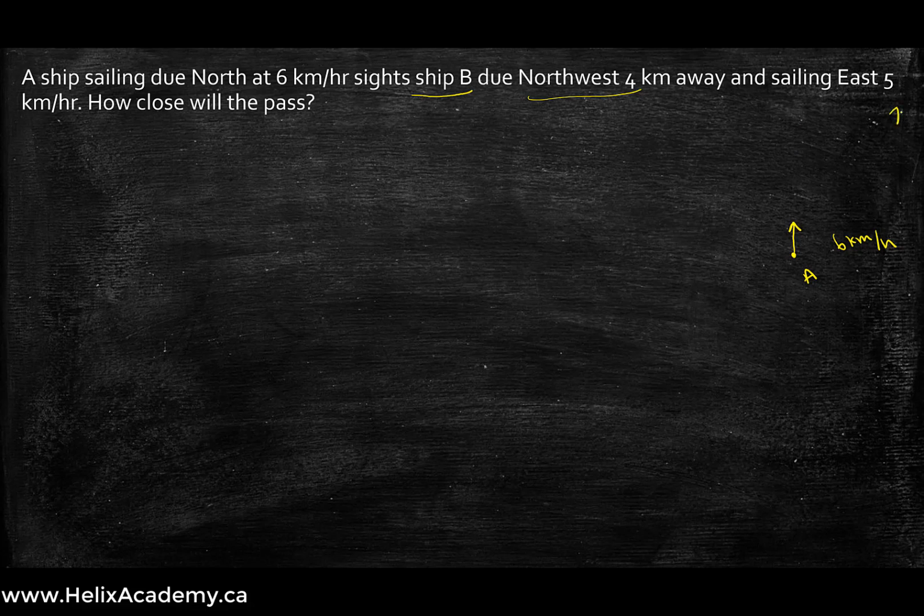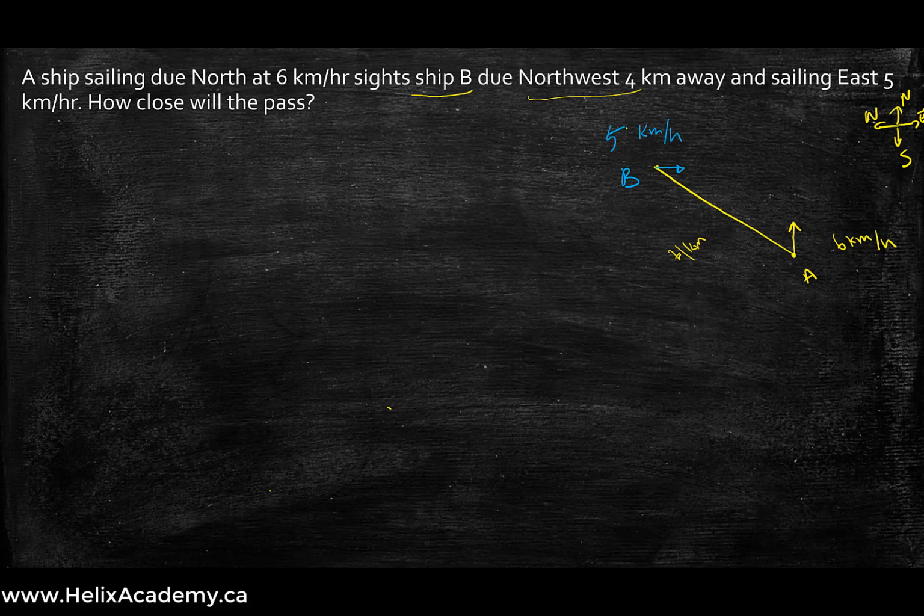So if this is north and this is east and this is west and this is south, this guy is going to be northwest, so it's going to be somewhere here, ship B. And let's draw that in a different color and mention that from here to here it's 4 kilometers, and this is ship B, and it's actually going east at 5 kilometers an hour. So the velocity vector for B is going to be a little smaller, 1 unit smaller, and it's going to be 5 kilometers an hour.